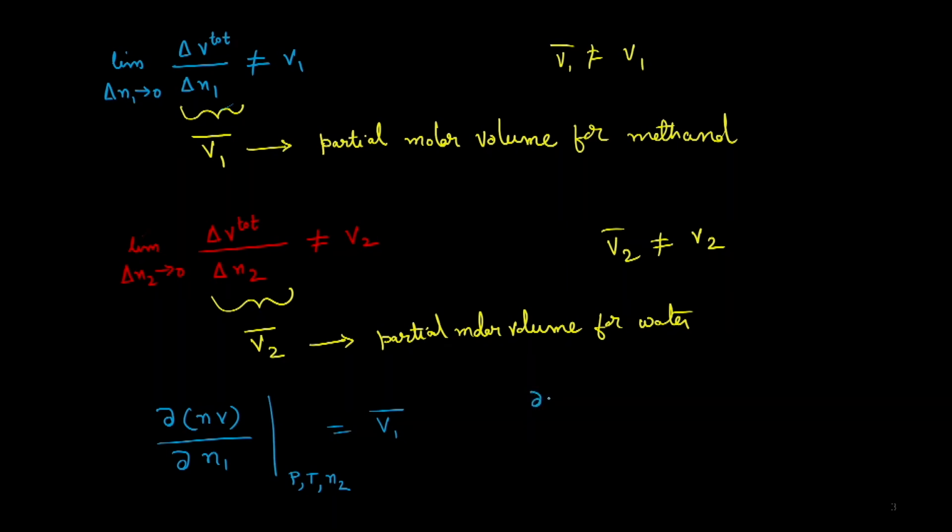Similarly, if I need to define the partial molar volume for water, it would be the derivative of NV with respect to N2 at P, T, and N1. This is called V2 bar, or partial molar volume for water. So in fact, not just these quantities, I can define other thermodynamic quantities also.